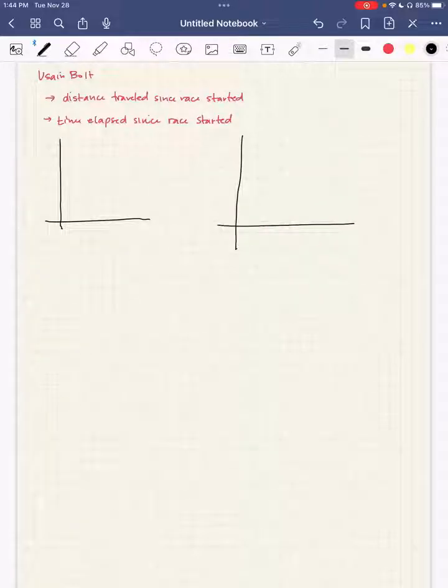So one way is that I could put the time elapsed here, and I could put Usain's distance from the start here, right? That's one option.